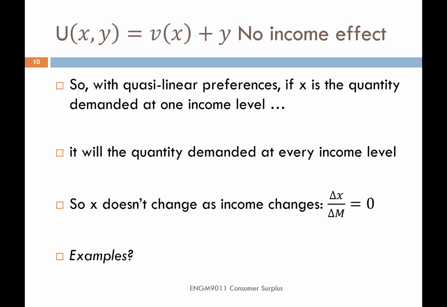Well, we can look at income elasticity of demand to get a feel for this. If the income elasticity of demand is close to zero, that says the percentage change in quantity demanded is quite small relative to the percentage change in income. So it's not going to be very sensitive, and the change in quantity demanded is going to be quite small.